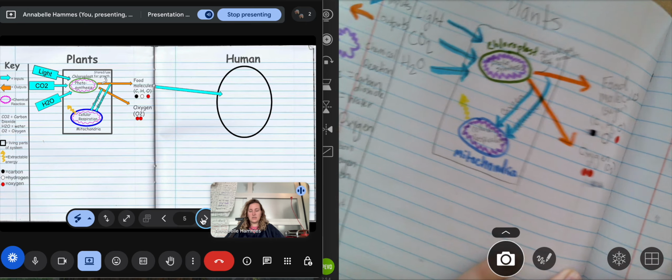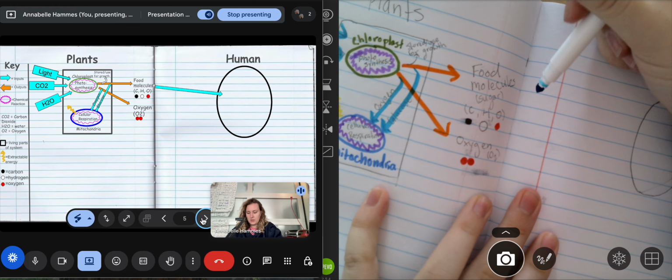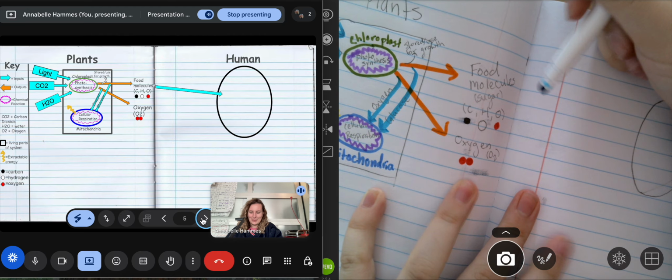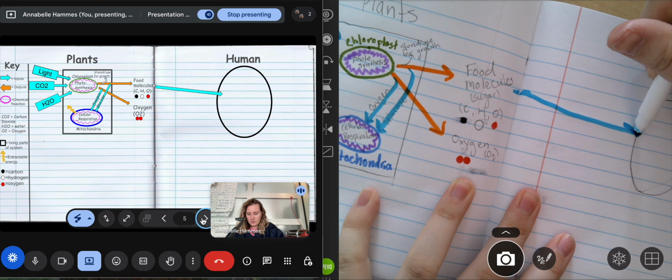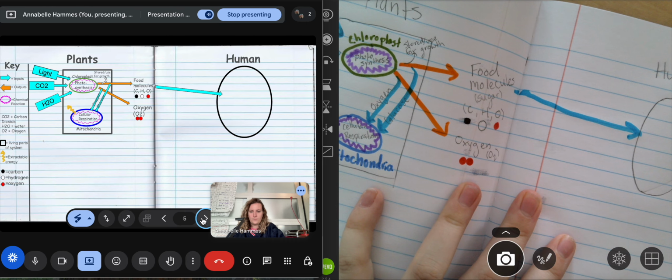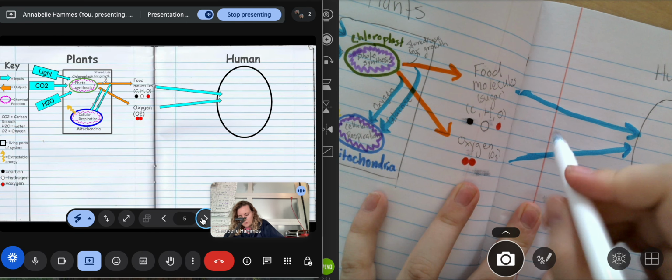Okay. Next, we're going to move on to more of the human side. Okay. As we know, humans, we eat food molecules. So we're going to add a little input arrow. And we breathe oxygen. So that's also going in.